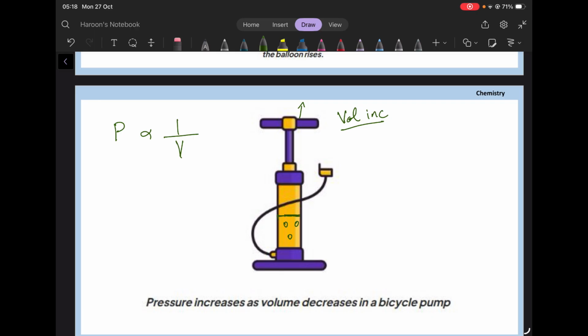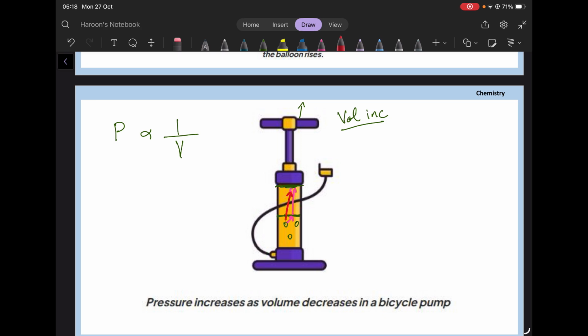Now this particle had to travel this distance to hit this side of the wall, so this is a shorter distance. When I pull this upwards, I increased my volume. The top part has moved over here, and now this same particle needs to travel a greater distance to hit this wall of the container.